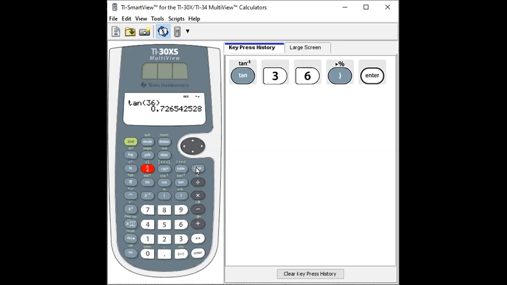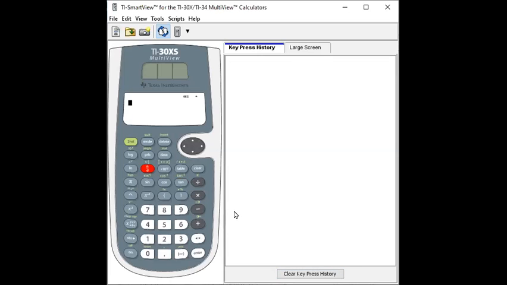Now sometimes we might be tempted to do that. No, that's 36 times the tangent of something. When you're trying to find the tangent of a number, first enter tangent.